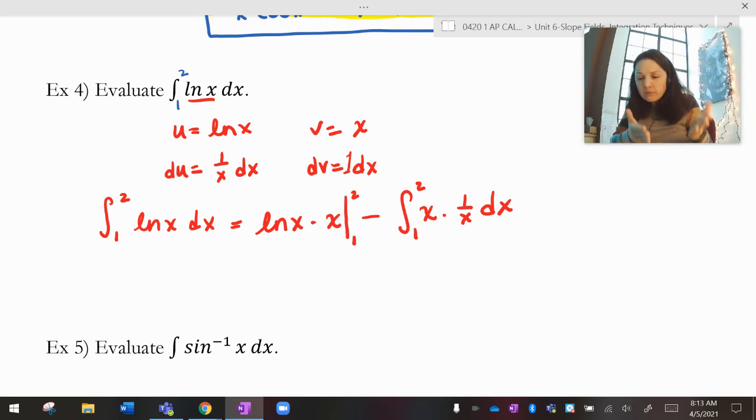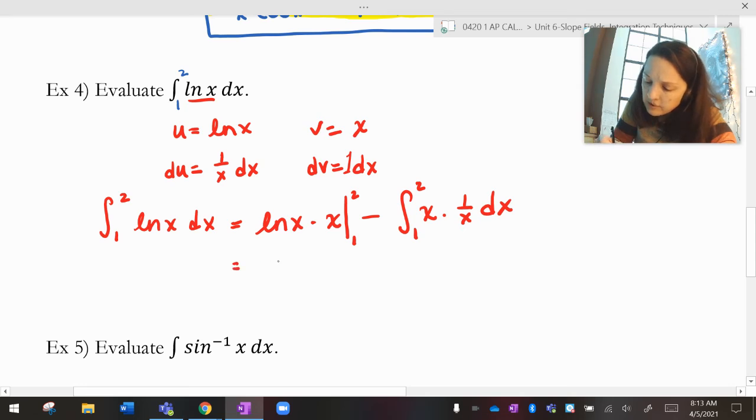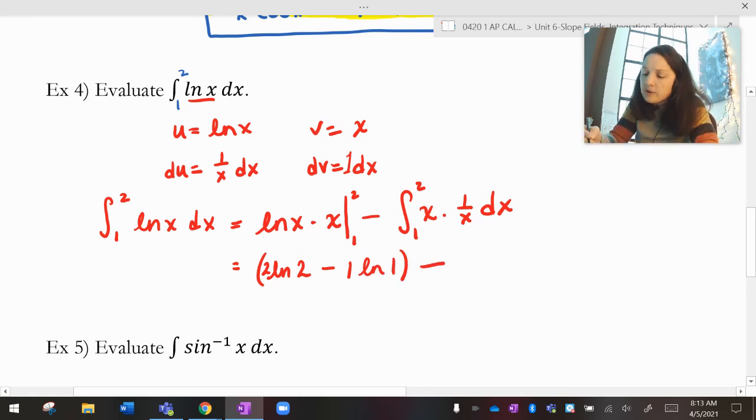All right. So that's how a definite integral would look. And if I come over here, I still have ln x times x from 1 to 2. So that's going to be ln 2 times 2 minus 1 times ln 1. Minus, now let's take the antiderivative over here. Well, x times 1 over x is really just 1, and the antiderivative of 1 is just x, and I'm supposed to evaluate that from 1 to 2.